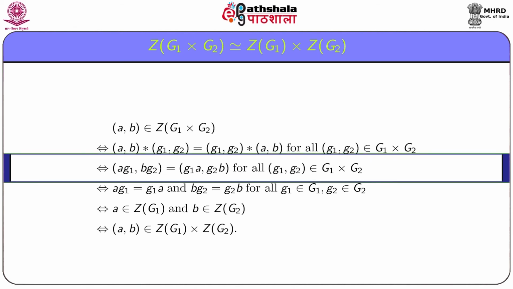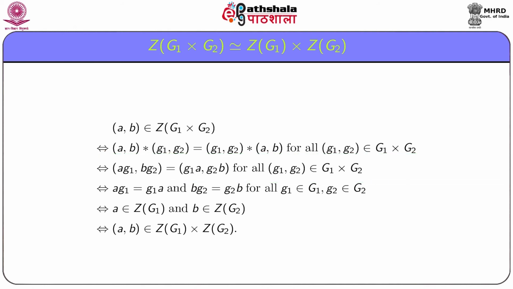If and only if (a g1, b g2) is equal to the pair (g1 a, g2 b), and this is true for all (g1, g2) in G1 cross G2.